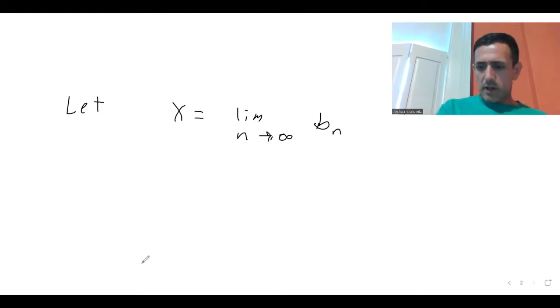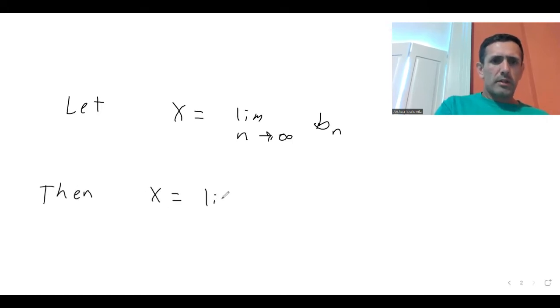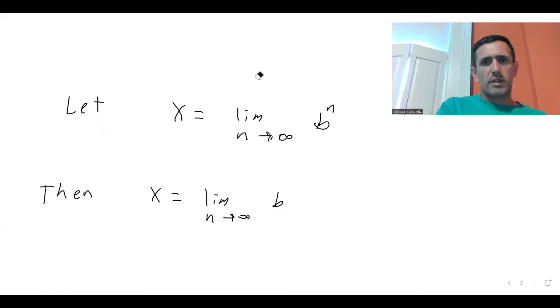Let's see why this is true. There are different ways to do this, but probably the simplest way is the following. So x is this limit. This is b raised to the n. There is no such thing as b sub n here. Let's just take the subsequence involving even terms.